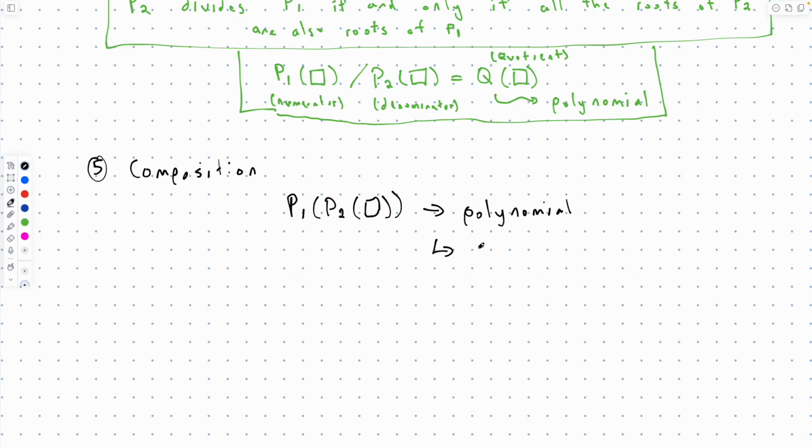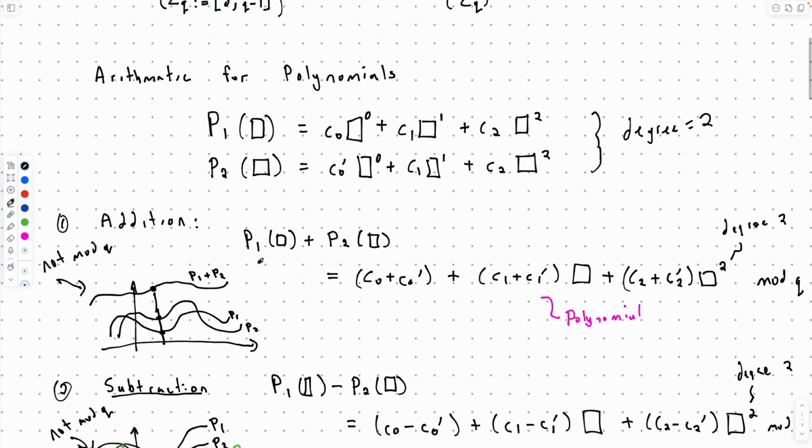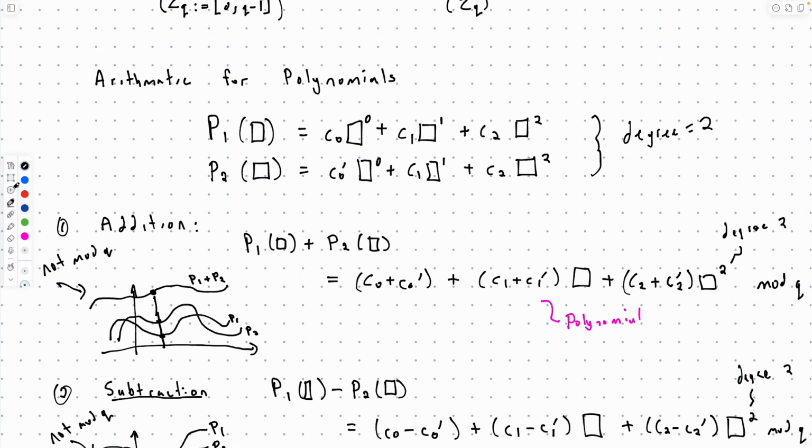And the degree of the polynomial will actually be the degree of P1 times the degree of P2. Okay? So when you do this, first, let me add some dashes here. I forgot those.